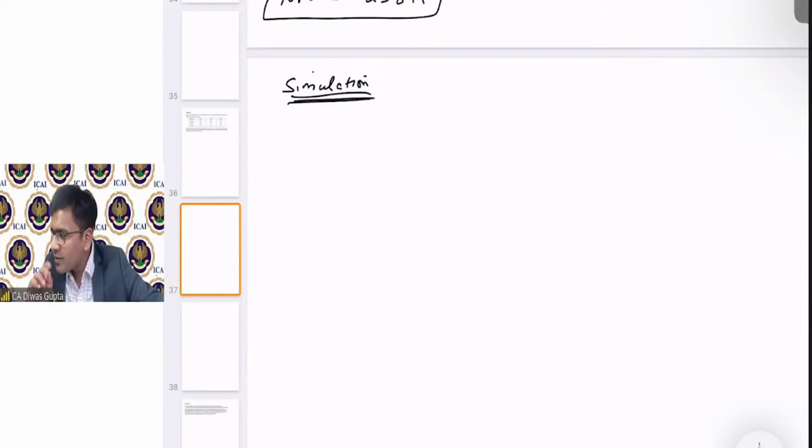Simulation. Suraj is saying demo. Tanisha is saying imitation. Yukta is saying anticipation. Very nice. Come on, students, please post your thoughts. Again, I'm saying no one is right or wrong in this. Please try to express what you feel about simulation.